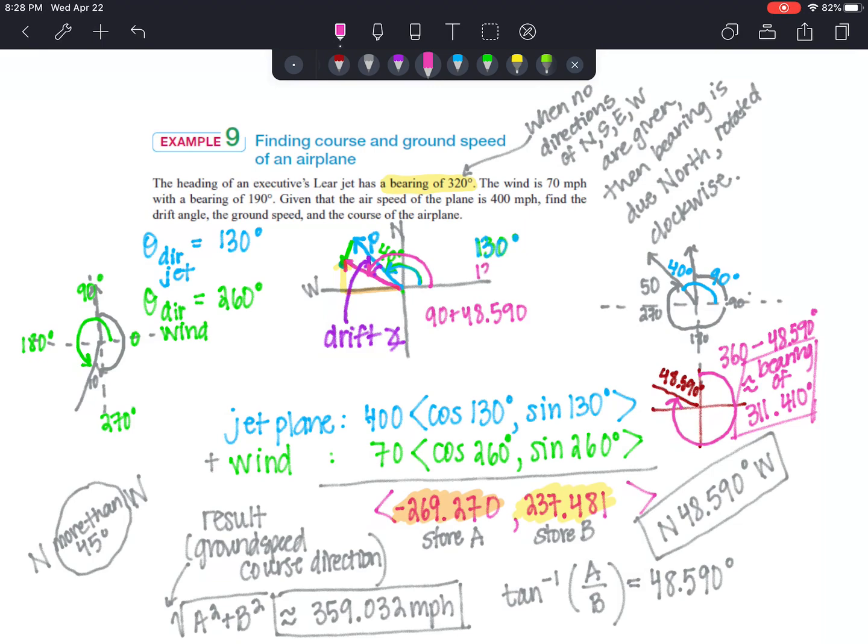So that's 138.590. So the drift angle is the difference. The drift angle is going to be 8.590 degrees. So that wind is going to potentially take our jet plane off course by 8.590 degrees. So it's important to put that calculation into the navigational settings so that the pilot doesn't get blamed for landing in the ocean.